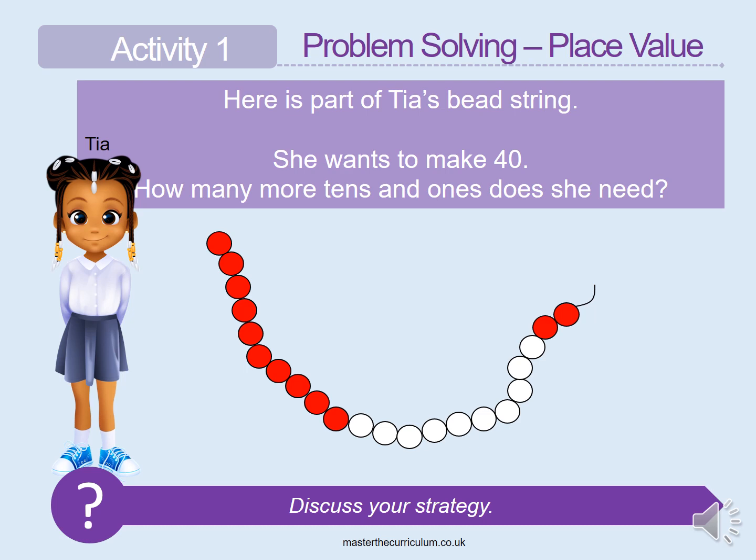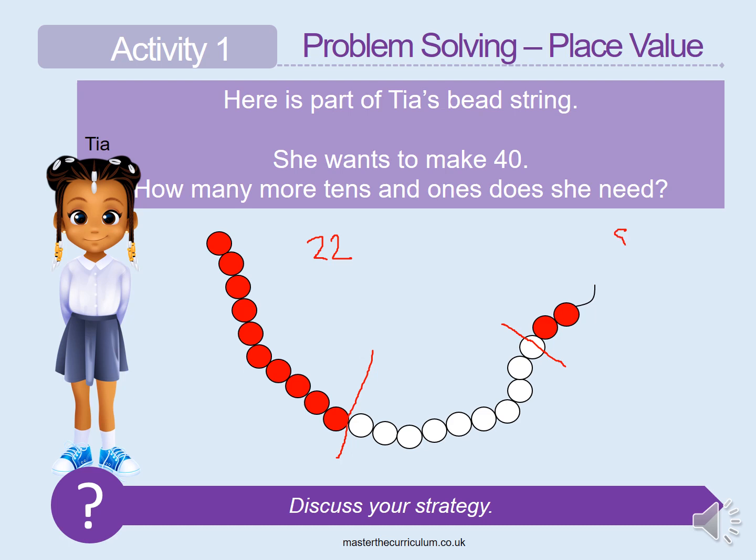Now if you remember, the bead string shows us it counts in groups of 10. So we've got the red beads are a group of 10 and these white beads here are a group of 10. So we've got 10, 20, 21, 22. So at the moment we've got 22. Now using my place value, I know that if I add 8, that will give me 30.